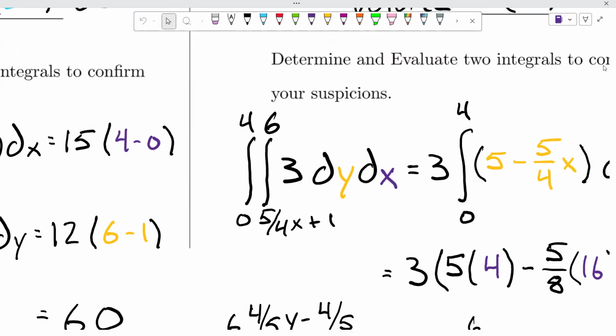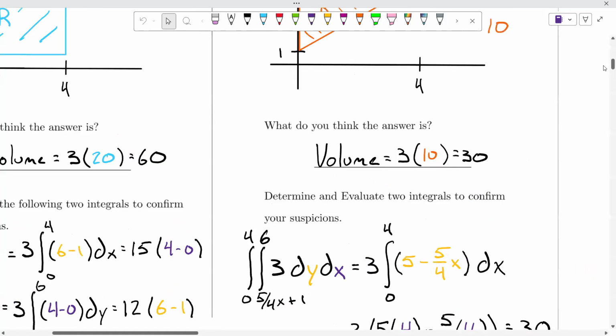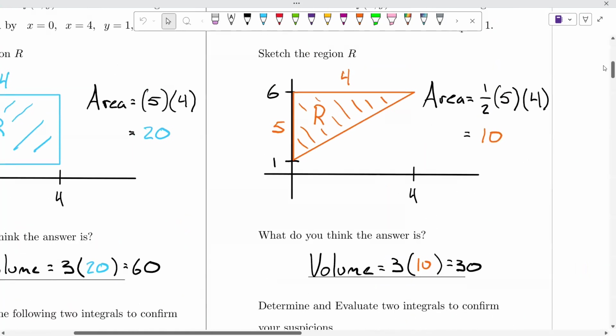Specifically, if I'm doing a y integral first, which is the way I've chosen to do this one, that line is going to be my lower bound, because when I'm doing my dy integral, I'm going to be going up and down.